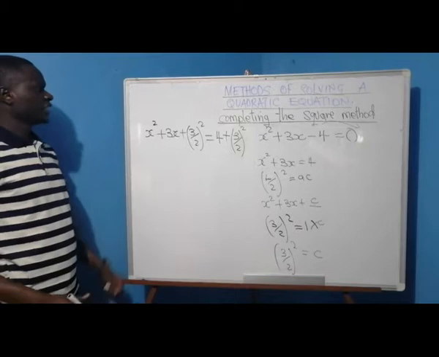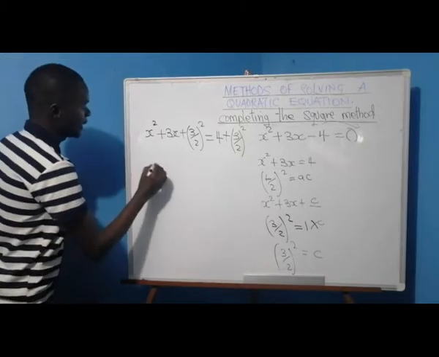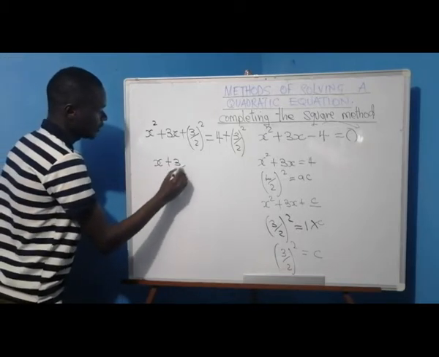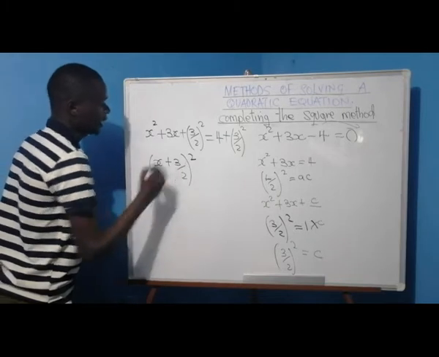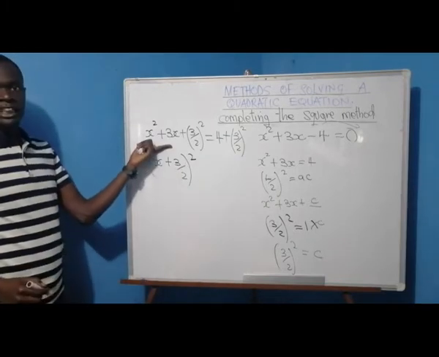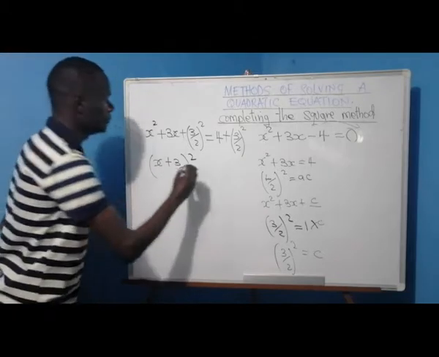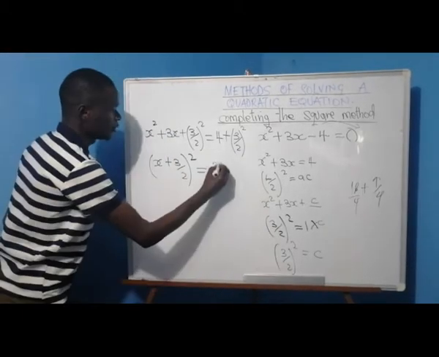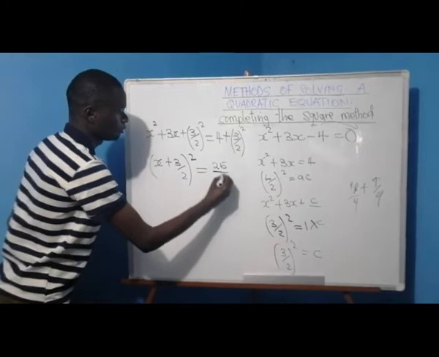When we factor this, we get x plus 3 over 2 squared on the left-hand side of the equation, being equal to 25 over 4.